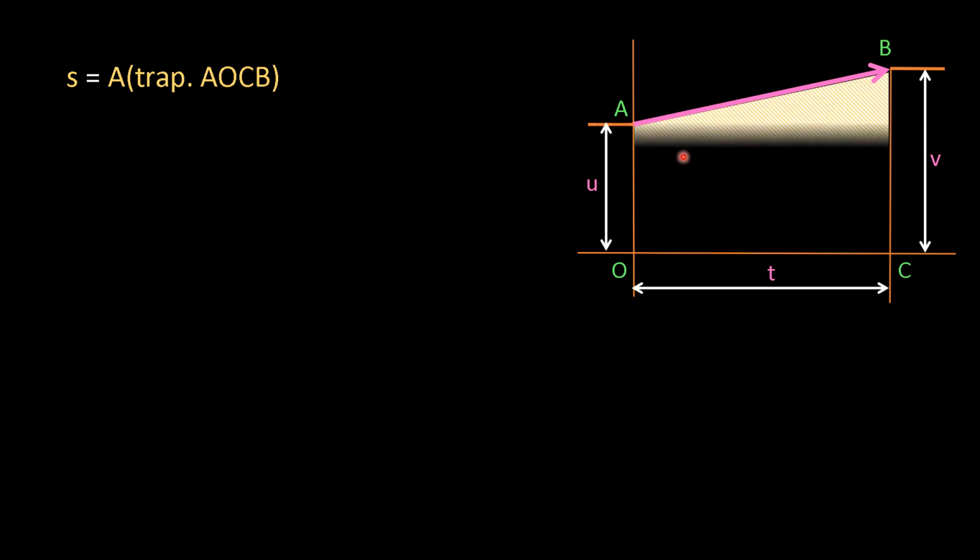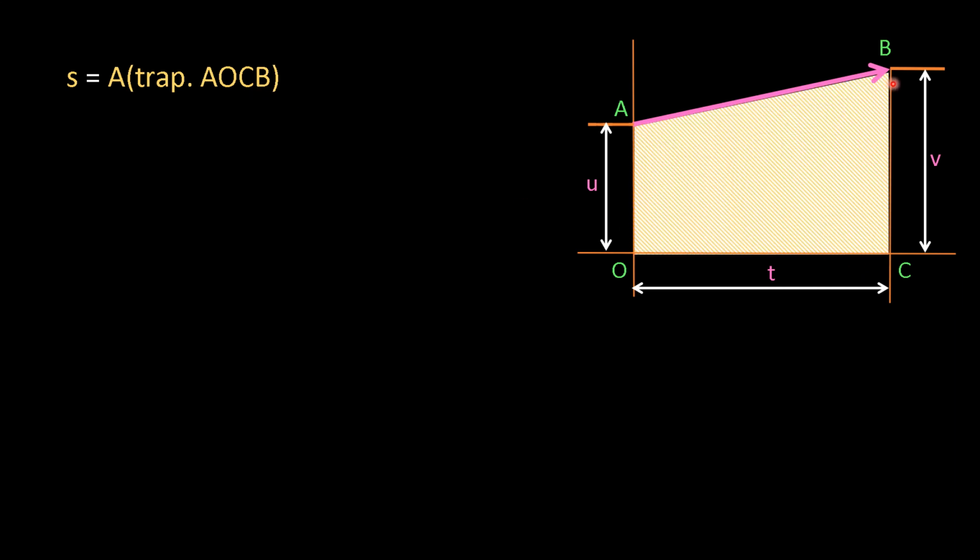We have seen that area under this velocity curve represents the displacement of the body during time interval t. So displacement is area of trapezium AOCB, which is this area. Now area of trapezium is given as half sum of parallel sides, that is sum of AO and BC, multiplied by the distance between the parallel sides, which is OC.